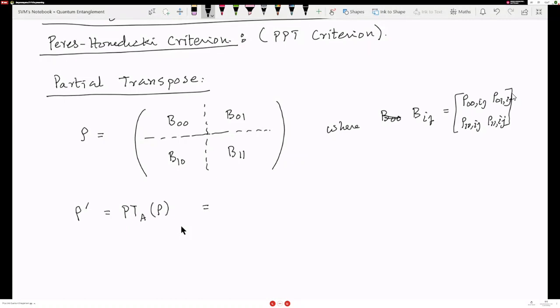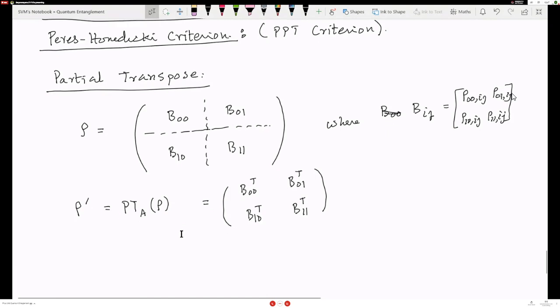That is given by: you take the transpose of each block, B00 transpose, B01 transpose, B10 transpose, and B11 transpose.